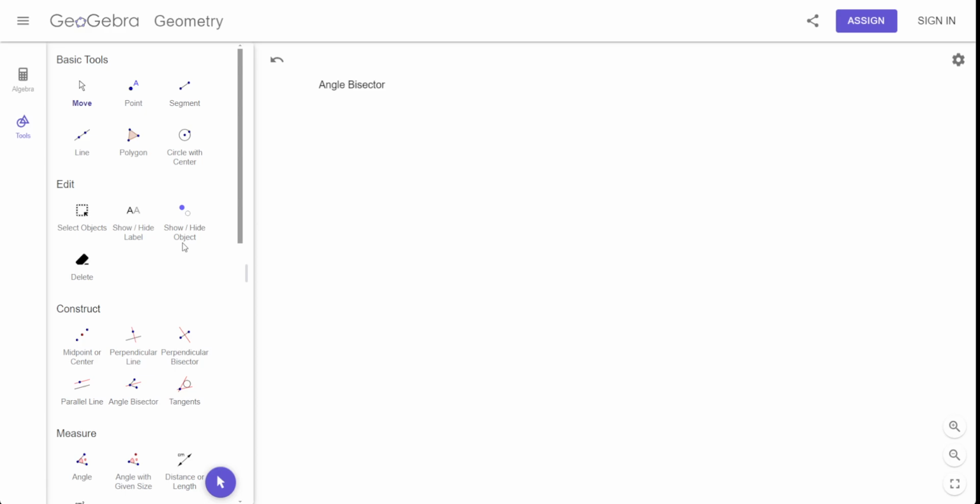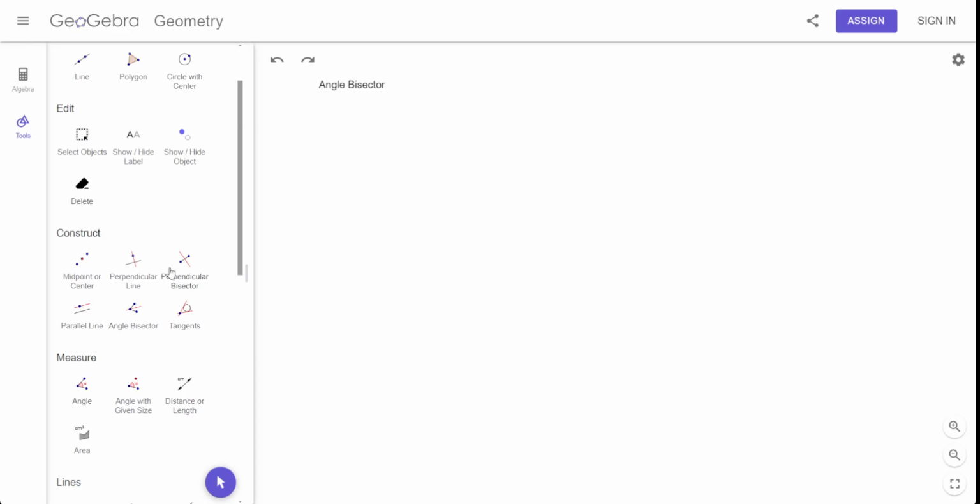All right, so what I'm going to do is draw an angle. So I'm going to start here, go to here, and go. Oops, why didn't it do it? Let's try one more time. No, that's the measure of an angle.